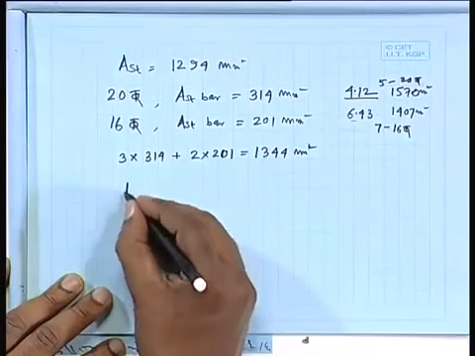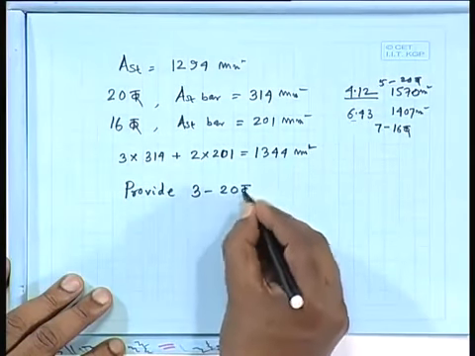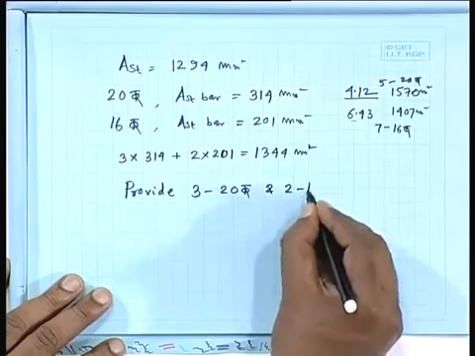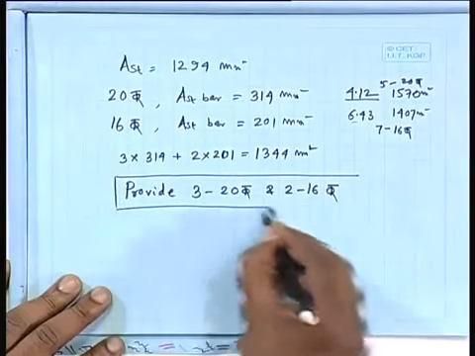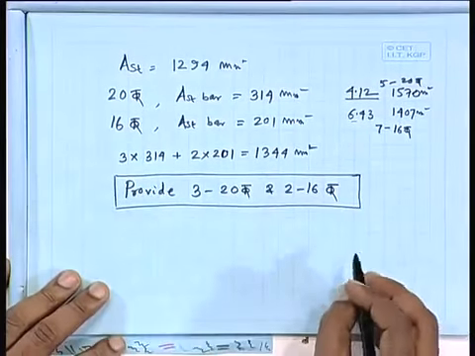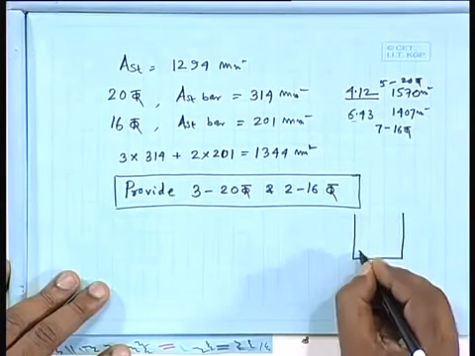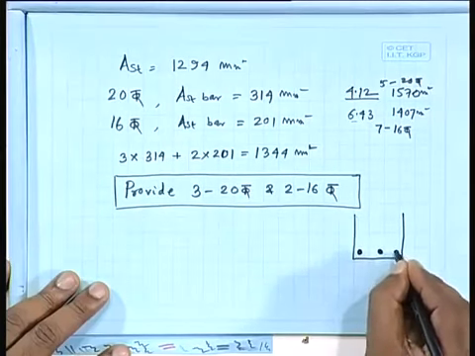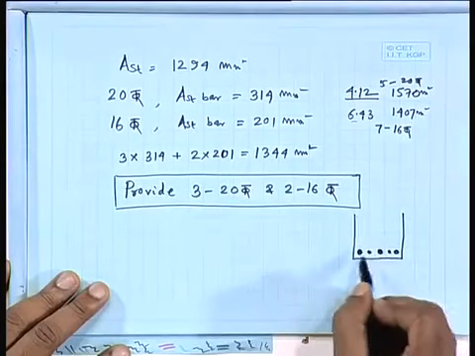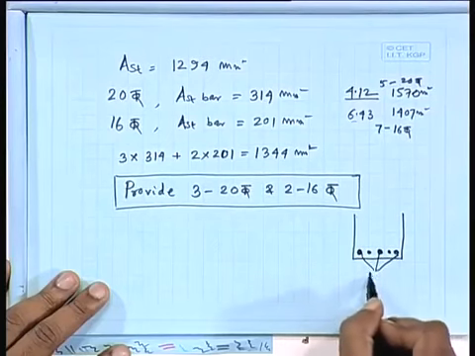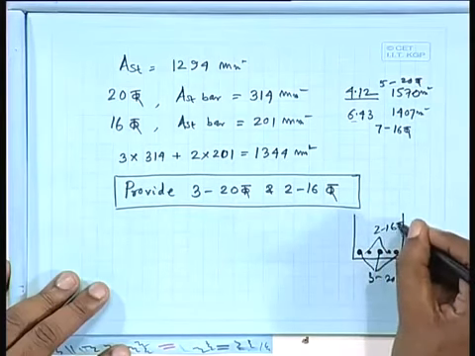So we can provide 3 bars of 20 torr and 2 bars of 16 torr. We shall provide one 20 torr at one end, another in the middle, another at the other end, and in between we provide the 16 torr, because we have 5 bars. So these 3 will be 20 and these 2 will be 16.